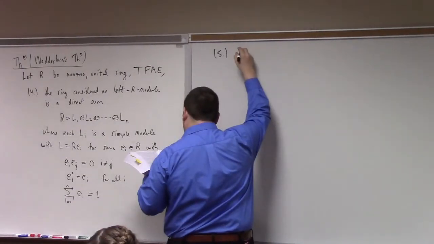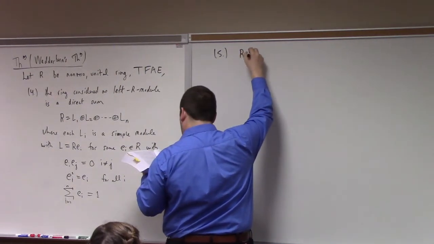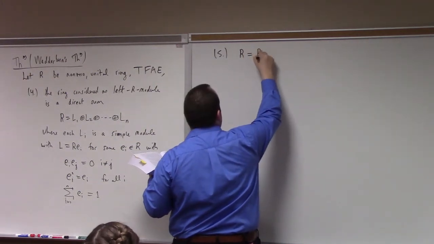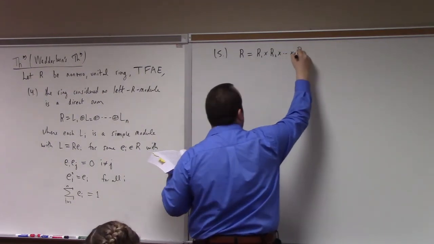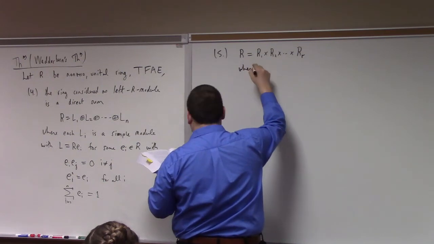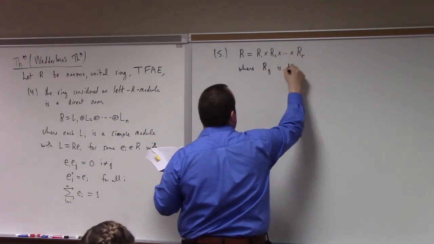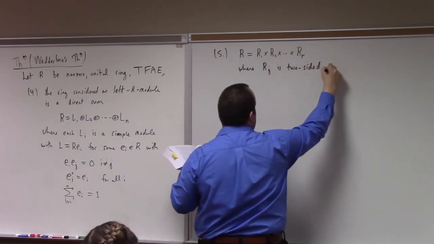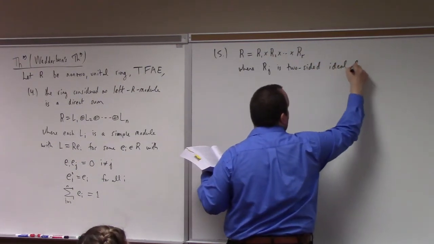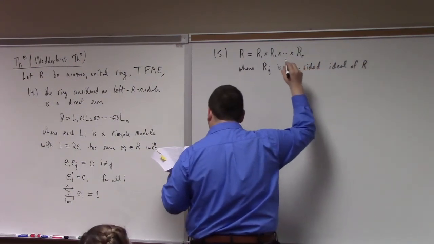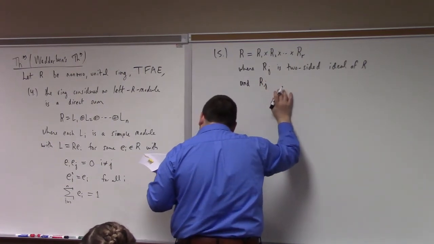As rings, R is isomorphic to the direct product of matrix rings over division rings. R is equal to R1 cross R2 cross ... cross Rr, where each Rj is a two-sided ideal of R, and Rj is isomorphic to n_j by n_j matrices with entries in a division ring, delta_j.